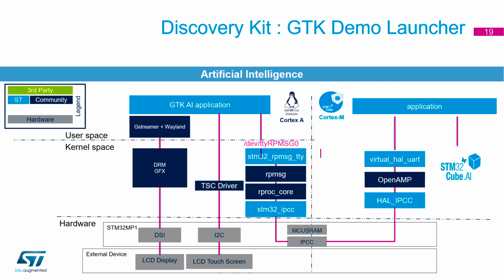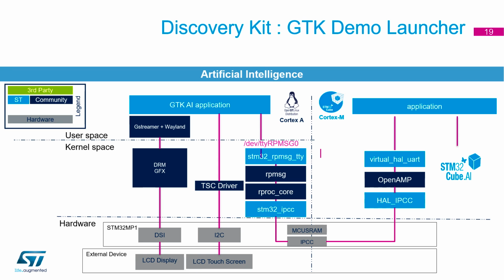It's then using the GStreamer and Wayland Weston and the graphics driver to display on the screen the character that you have just drawn on the touchpad. As well as displaying that on the screen, the application is then also using remote message to send that link with the information it's received over the IPCC and the MCU RAM.